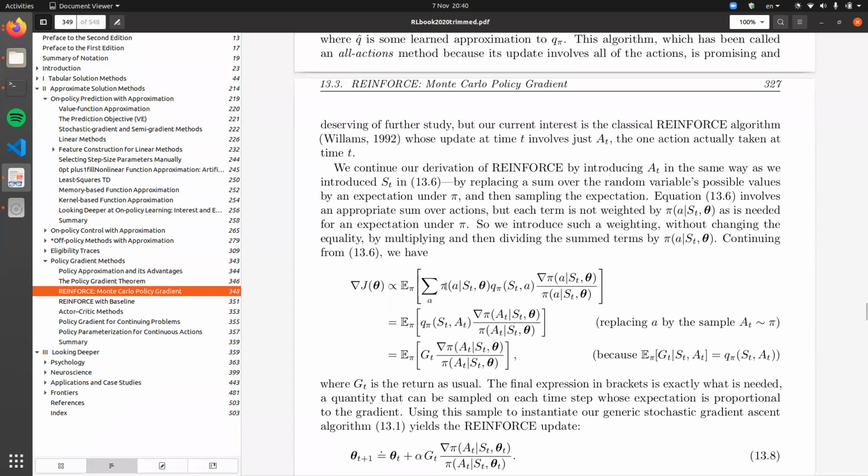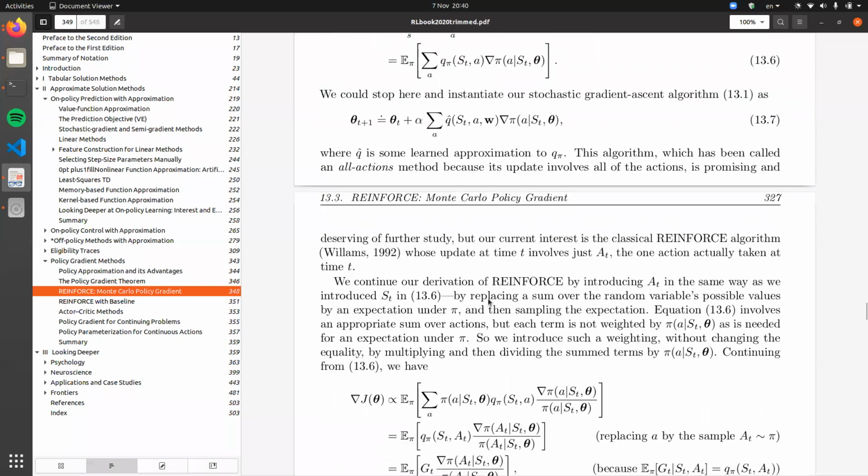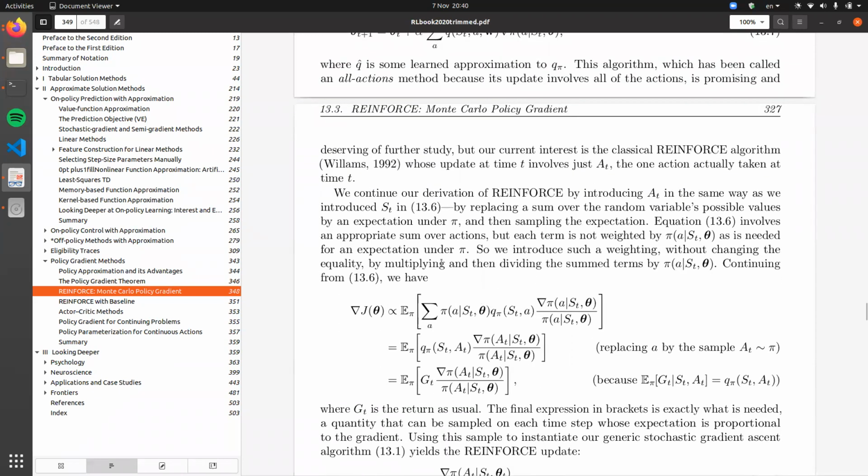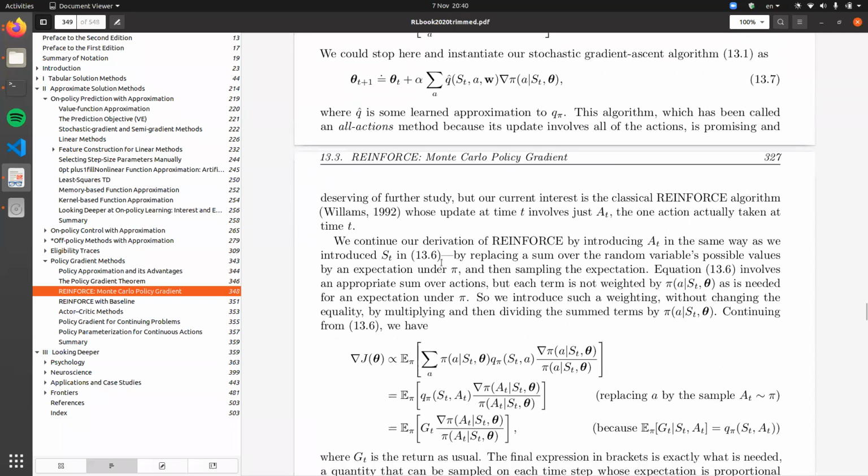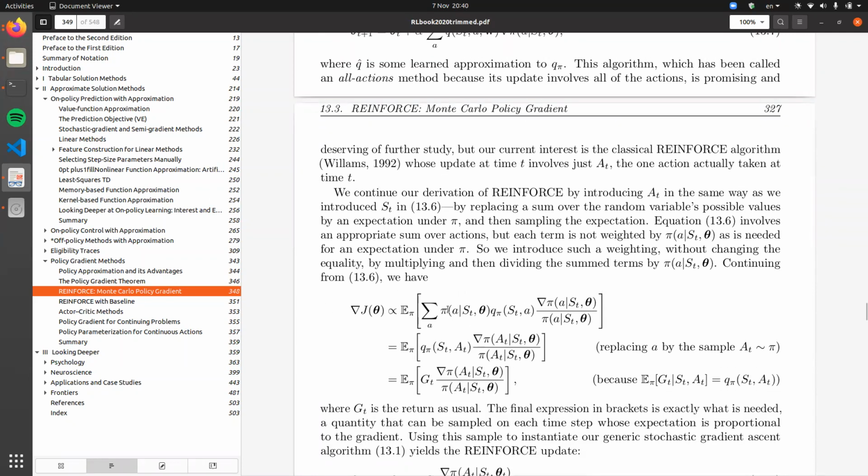So here we multiply and divide by the same quantity, pi of a given s sub t. You can see the difference here: we multiplied and divided by pi of a given s sub t.